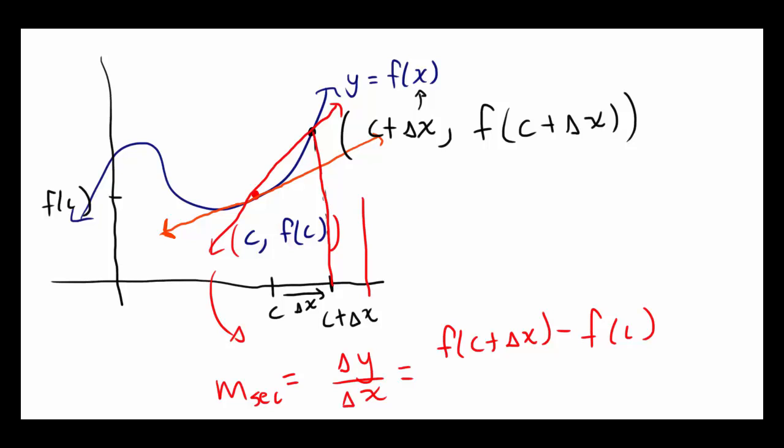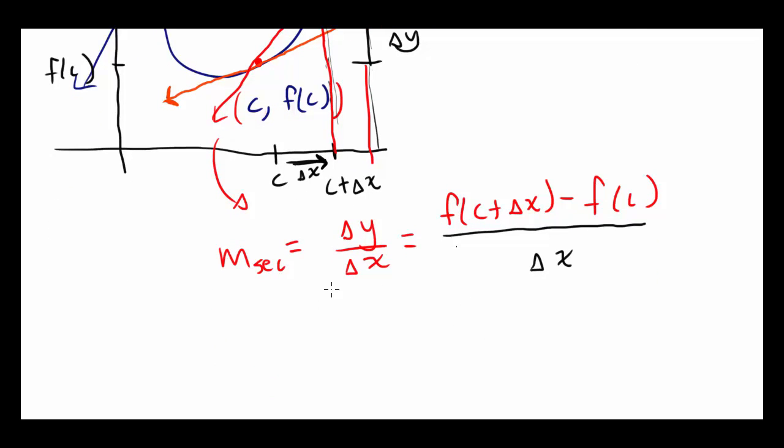So how much we have changed, which is this distance, delta y, is going to be f of c plus delta x minus f of c. When you subtract f of c from f of c plus delta x, you get the change in y. And the change in x is going to stay the same, because the change in x in this case is delta x. That's the slope of the secant line.